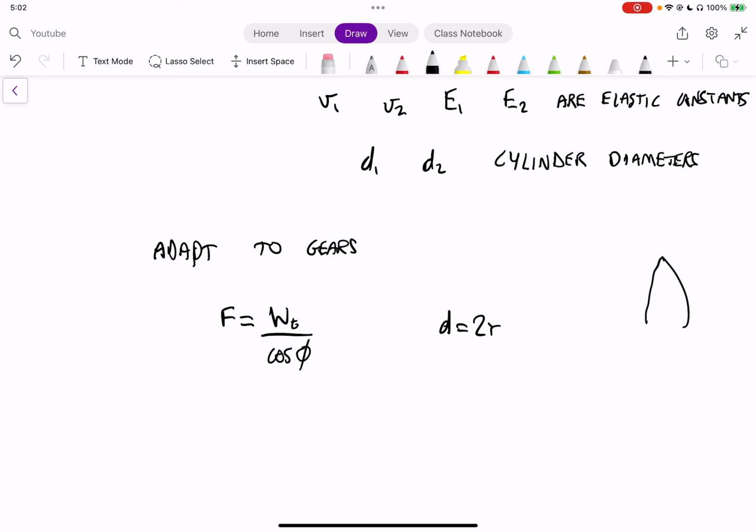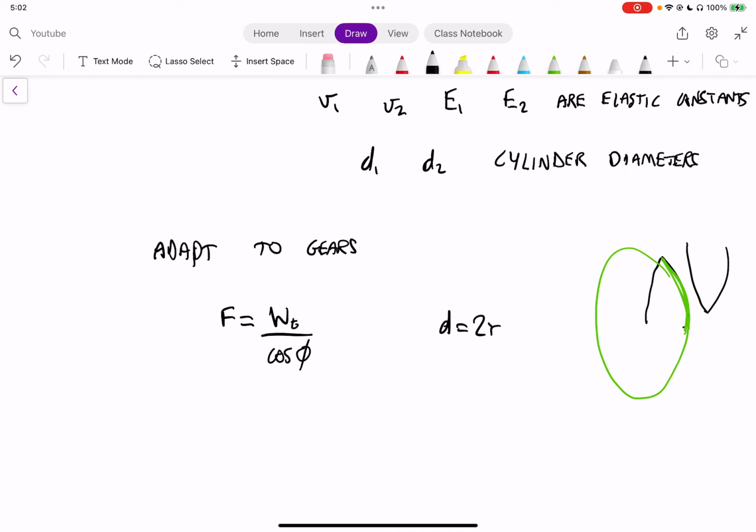Okay, so we can't really call a gear tooth a cylinder. So we need to figure out what the instantaneous radius of curvature is of our gear tooth. So essentially what we're saying is, what would our gear tooth look like if it was a whole circle? Okay, and that's the radius we're trying to find. So we'll come up with an equation for this r, but we're just going to call diameter equal to 2r, so we have it as a radius of curvature rather than diameter of curvature.